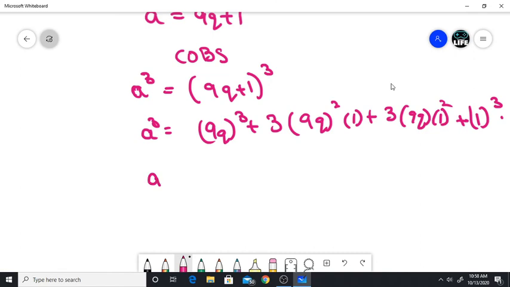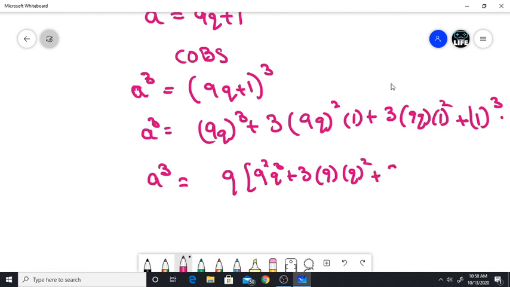So a cube equals, take 9 as common from the first three. So you get 9 into 9 square q cube plus 3 into 9 into q square plus 3q plus 1.